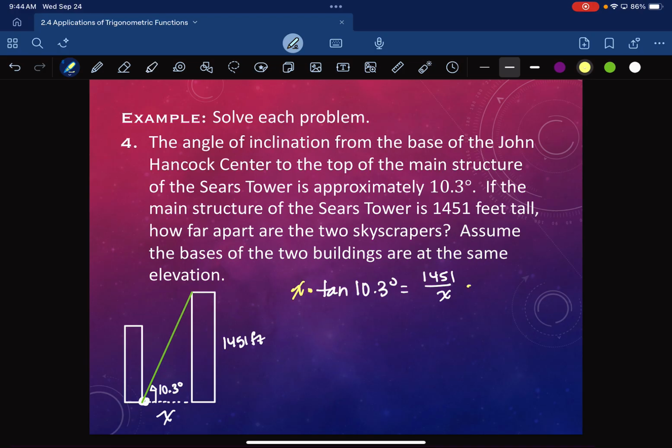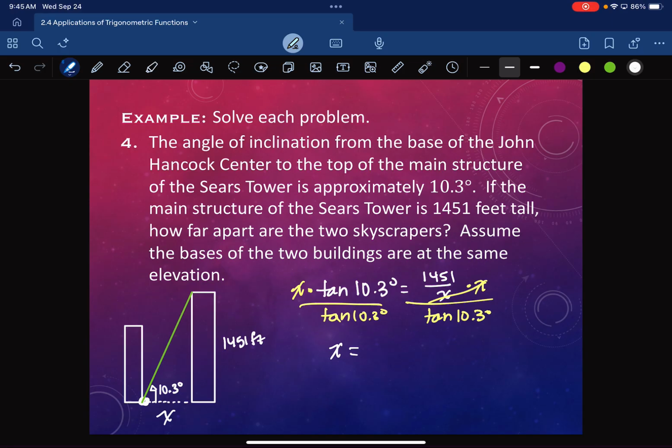So we'll multiply the x to the other side, and I'll do it in the same step this time, and we're going to divide by the tangent of the 10.3 degrees. Okay, so these x's cancel. I end up with 1451 divided by tangent 10.3 degrees.